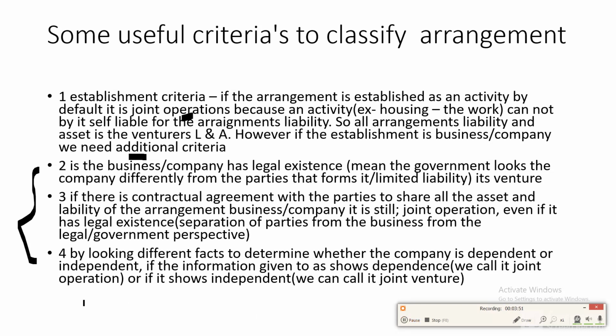But what is the intuitive explanation? We classify all activities as a joint operation and not as a joint venture. The reason is, if the arrangement is established as an activity, by default it's a joint operation, because an activity, for example such as the housing project, cannot by itself be liable for the arrangement's liability.